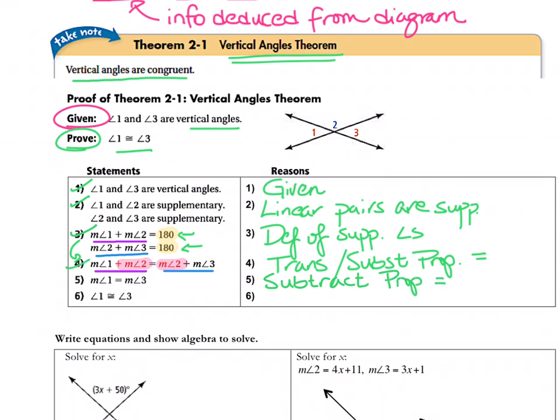Okay, and then going from 5 to 6, well, remember that if you have the measure of angle 1 equals measure of angle 3, that's the meaning of the word congruent. So it's the definition of congruence, or the definition of congruent angles. And we have proven that if 1 and 3 are vertical, then angle 1 is congruent to angle 3. So we've proven that vertical angles are congruent.